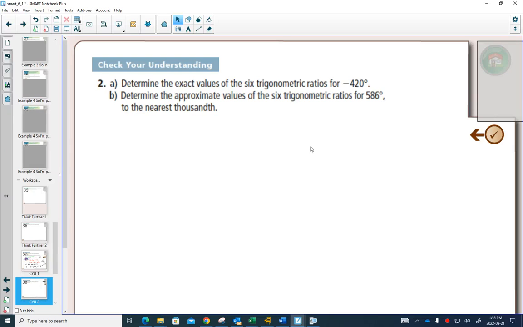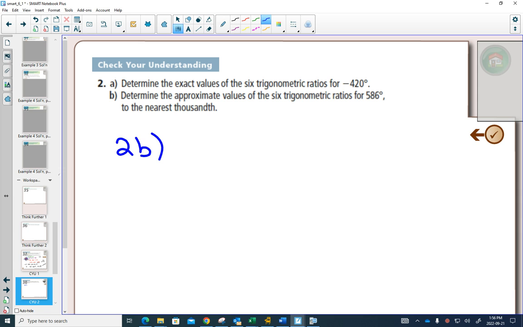We're going to do 2a after we do the unit circle, and right now we're just going to do 2b. Determine the approximate values of the 6 trig ratios for 586 degrees.